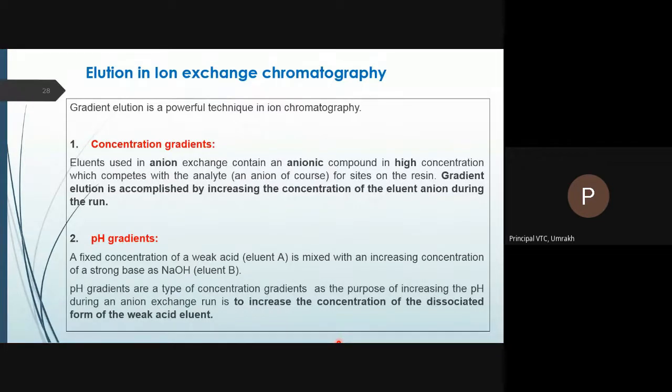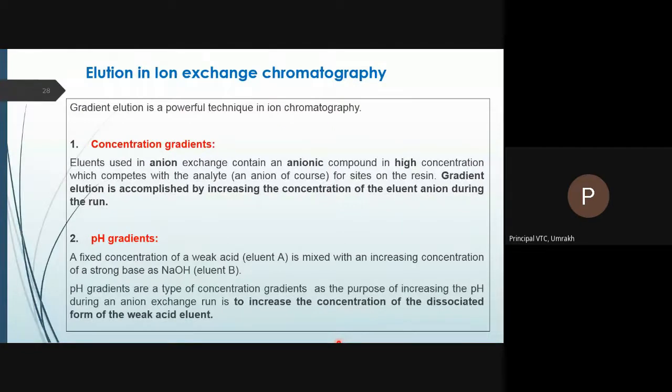Initially for 5 minutes the composition might be 50-50, and after 5 minutes it will be 60-40, or even 40-60. So if we are changing the composition of mobile phase during the run, it is called gradient elution. And if we keep the composition constant throughout the run, it is called isocratic elution.